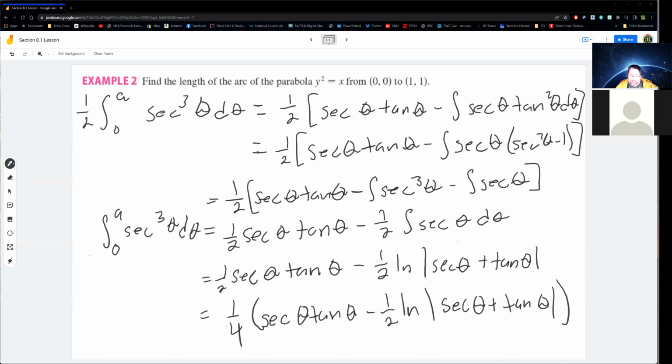I think what I was supposed to do is just ignore that part and just do the secant to the third part, but I can't figure out why I'm losing the half in the problem. That's where I'm stuck. I'm not going to go through and redo the whole entire problem right now.